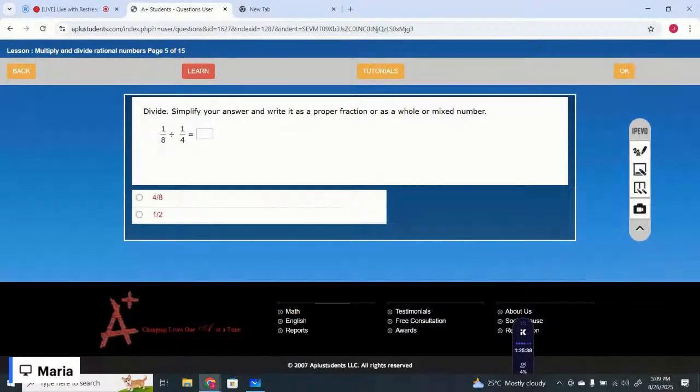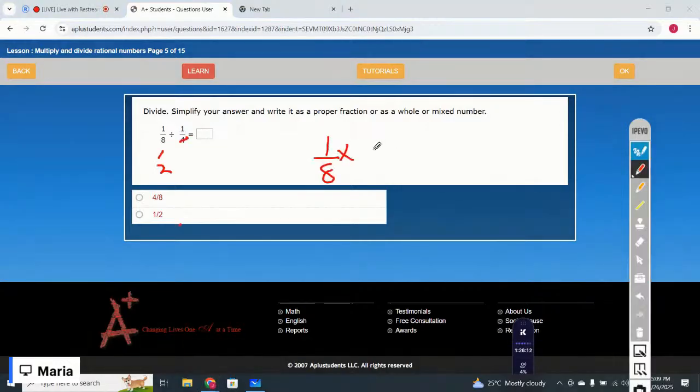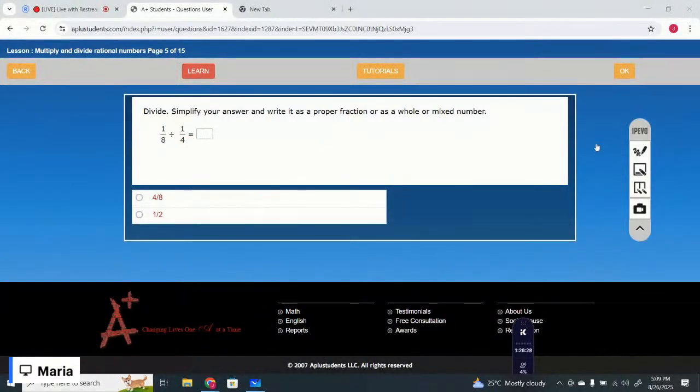One over 8 divided by 1 over 4. So 1 over 8 multiplied by 4 over 1 is 1 over 2. Option number 2 is the correct option. 1 over 2 it is.